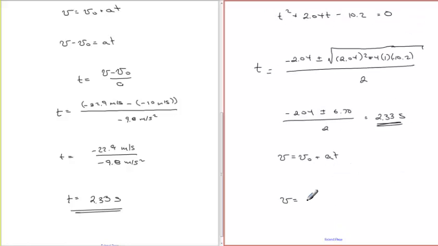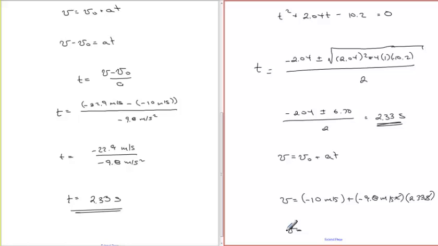So the velocity is v0, which is negative 10 meters per second, plus a, which is negative 9.8 meters per second squared, times the time, which is 2.33 seconds. This seconds cancels out with that, so we end up with just meters per second.